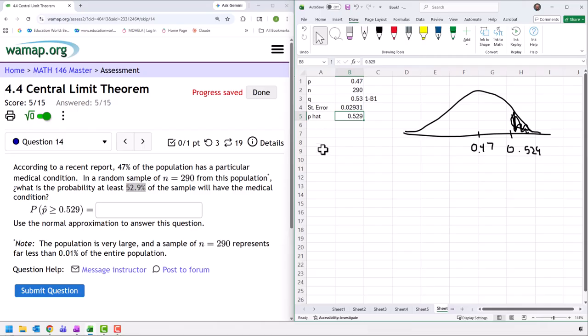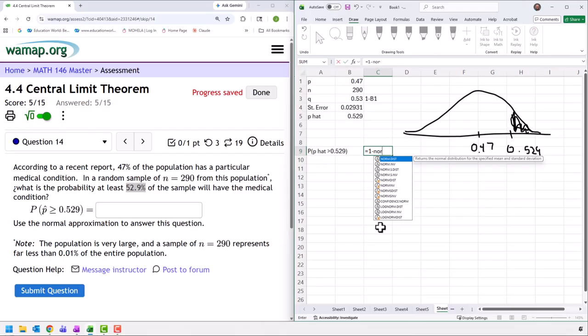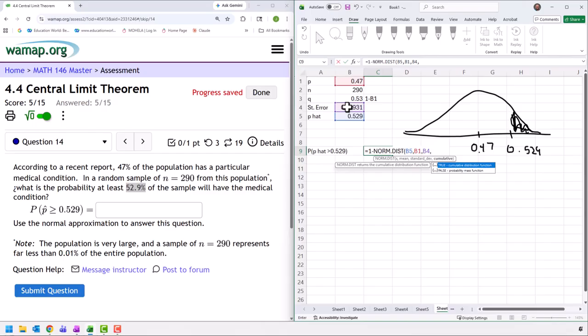So it's a right-hand side situation because it's greater than or equal to. And so when I'm looking for that right-hand side, I got to do 1 minus the area to the left. So 1 minus the normal distribution, put in my value of interest, 0.529, my mean, and my standard error, and true.